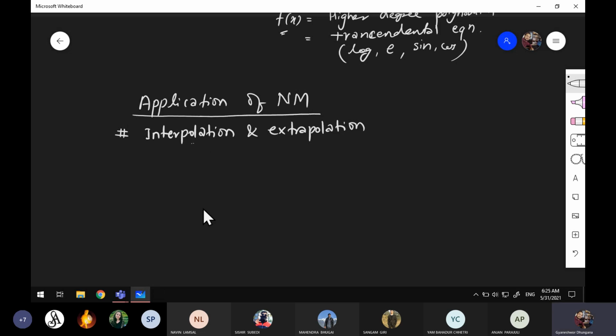So interpolation means if we have been given some function in the standard format, we can plot it and we can guess any unknown value. For example, for this value of x, the function gives this value.